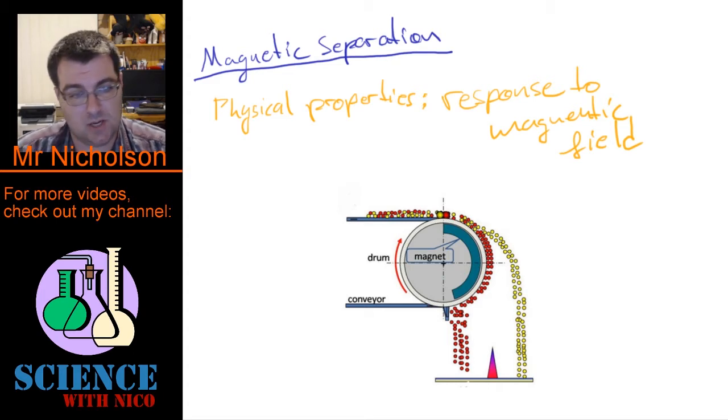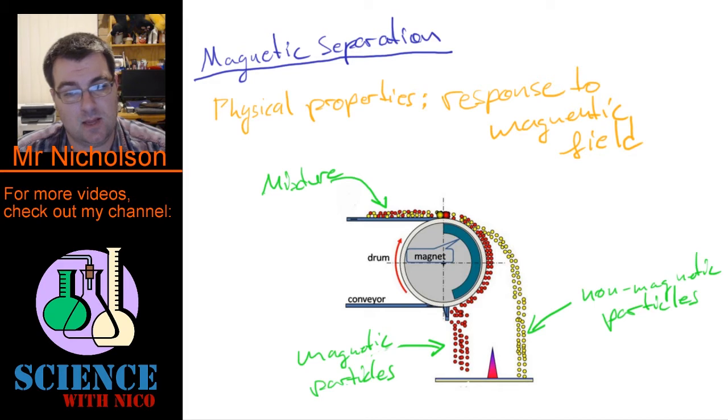Your mixture will run along that, and it will separate the non-magnetic particles, which will be unaffected by the magnet, and they will simply fall off the belt on the basis of their momentum and gravity. Your magnet will cause your magnetic particles to be retained for a longer amount of time on the surface of the drum.